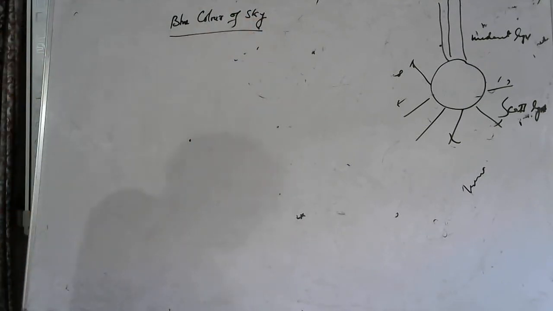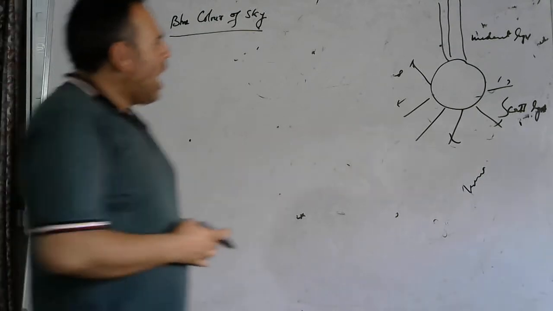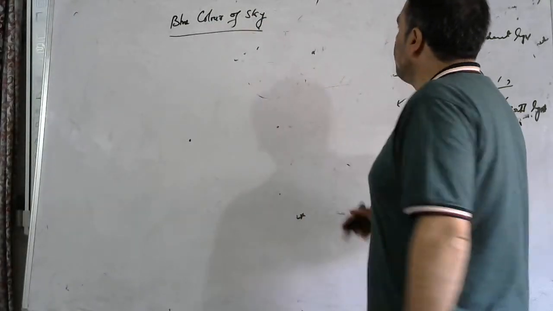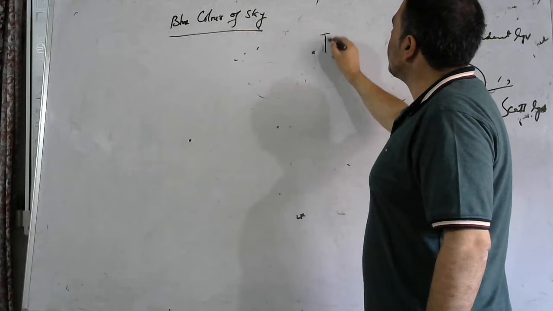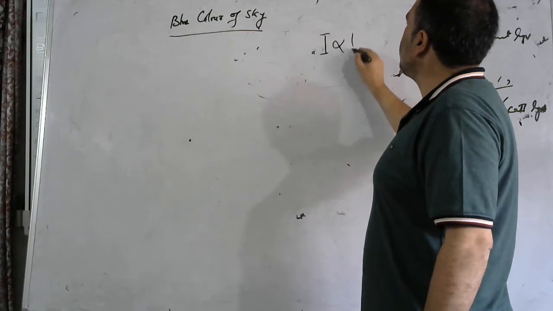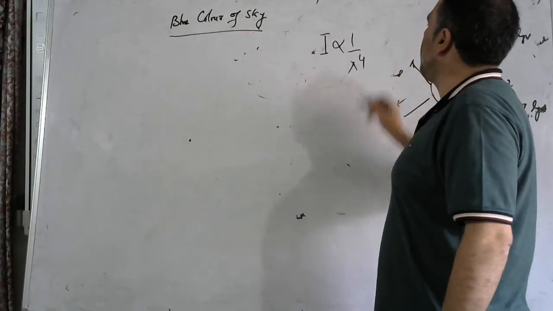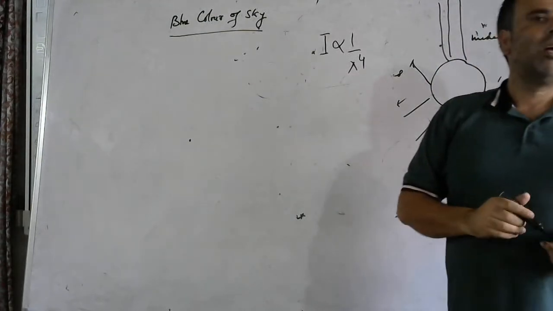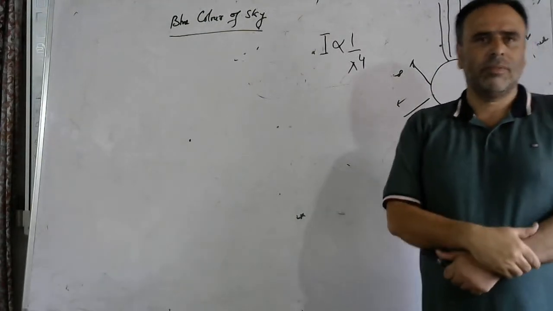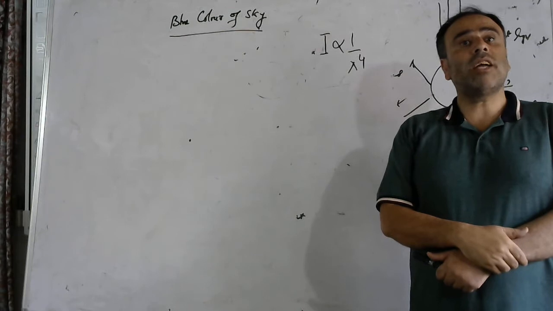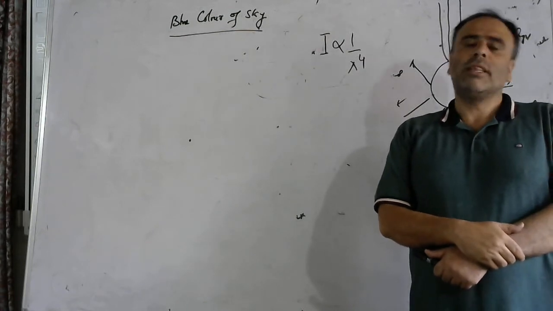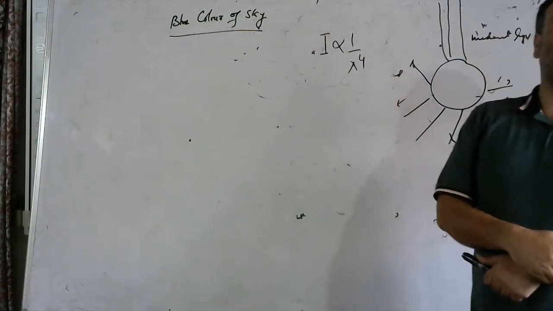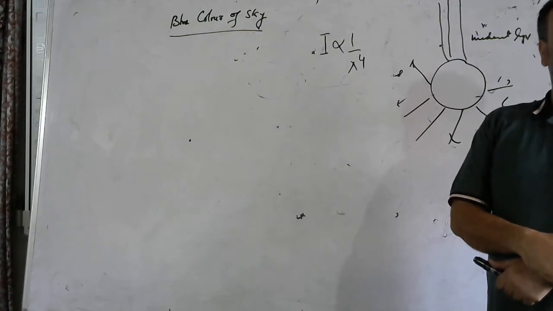Why does the sky appear blue? See, as per Rayleigh scattering law, the intensity of the scattered light is inversely proportional to the fourth power of the wavelength of the incident light. Light having smaller wavelength will get more scattered than light having longer wavelength, which gets least scattered.